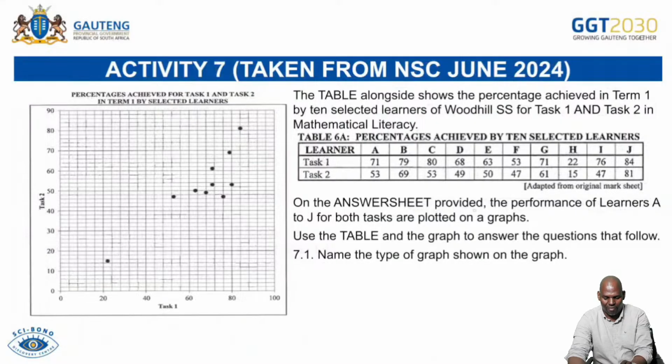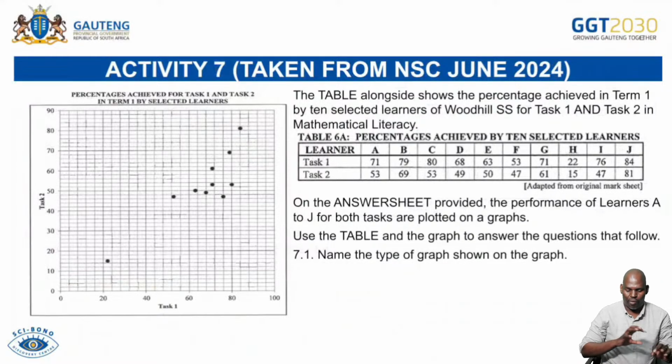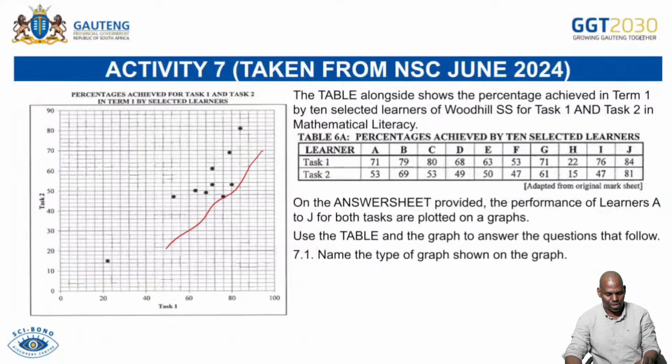On the answer sheet provided, the performance of learners A to J for both tasks are plotted. So there we've got a scatter plot and the points are all over the place, but generally you can see that the points are increasing. Use the table and the graph to answer the questions that follow.